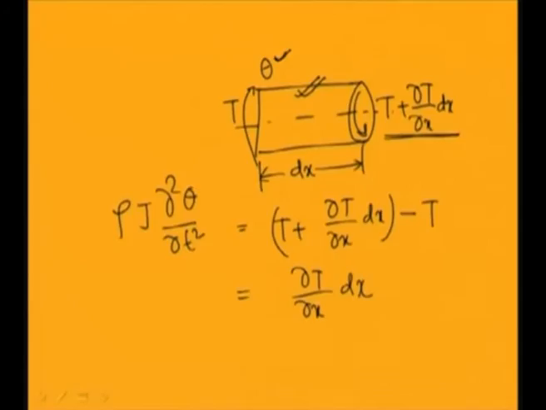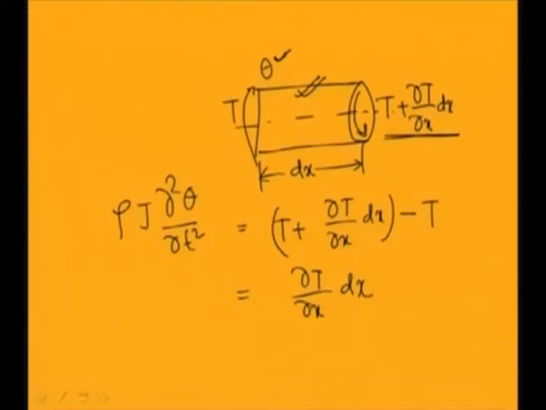So, substituting this equation here, I can write rho j ∂²θ/∂t².